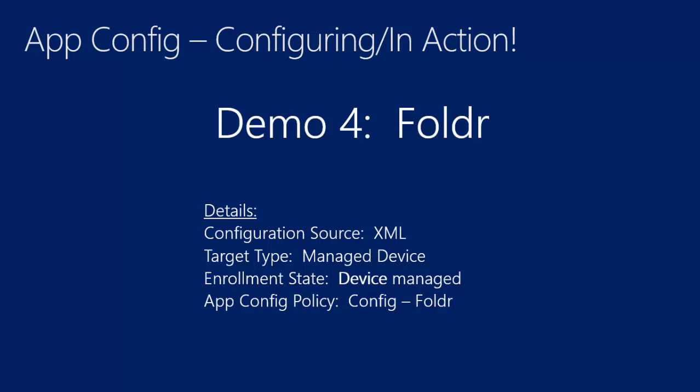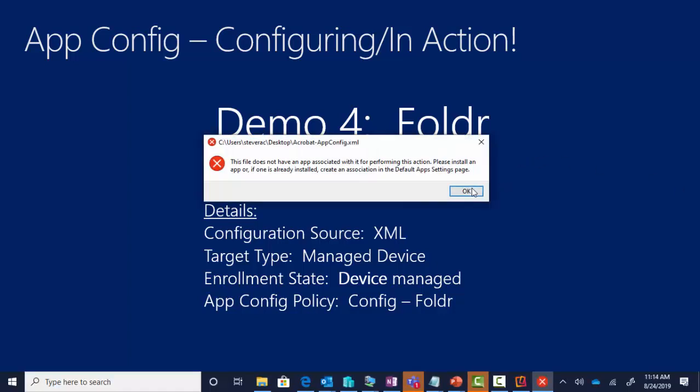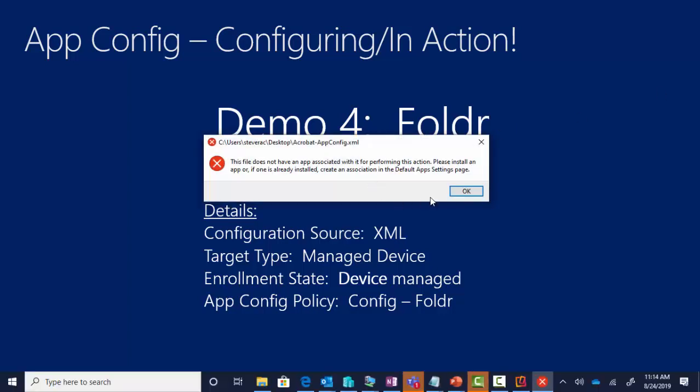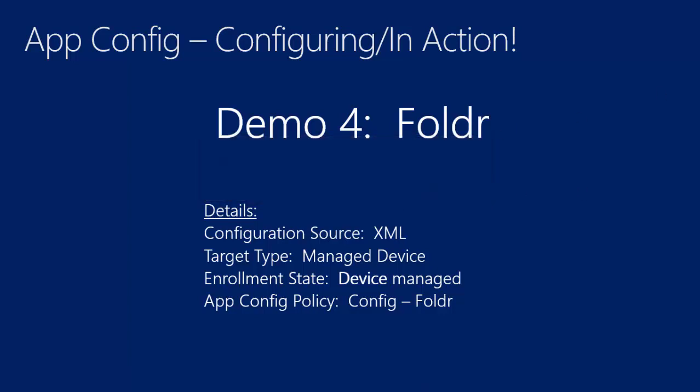So if you go to Adobe's EMM documentation, it will show you, oops, meant to open it with Notepad, it will show you an XML. It will provide you an XML that you can use with EMM or management solutions, such as Intune, to deliver config.